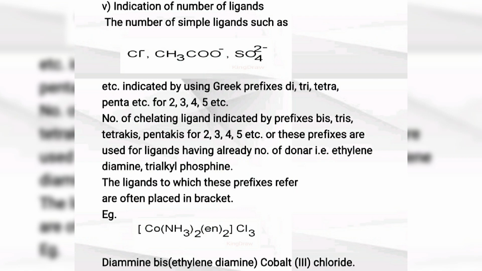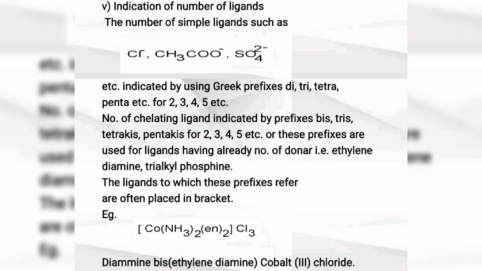While writing their number, we use Greek prefixes like di, tri, tetra, penta for 2, 3, 4, 5, and so on. When chelating ligands are present, meaning ligands that are big molecules with a ring, we use prefixes like bis for 2, tris for 3, tetrakis for 4, pentakis for 5.